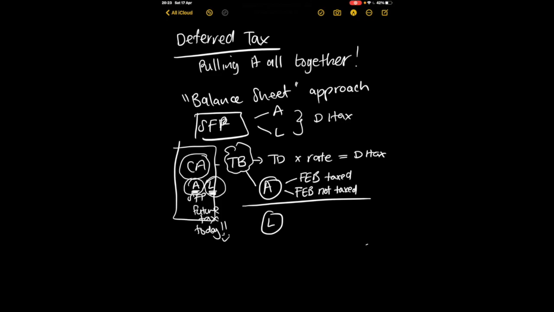If the future economic benefits of an asset are taxed, then the tax base becomes the future deductions that we can deduct from any income that we generate. And if the future economic benefits of the asset are not taxed, then we will use the carrying amount as the tax base.